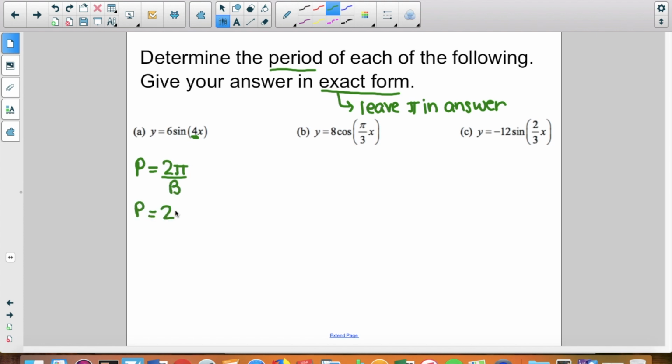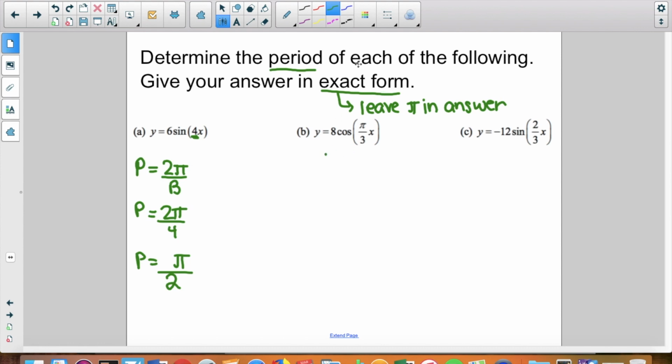So the period is 2 pi divided by 4. Now we can simplify this. 2 over 4 simplifies to 1 over 2. Now we technically don't need that 1 in there, so we can just have pi over 2 as our period.